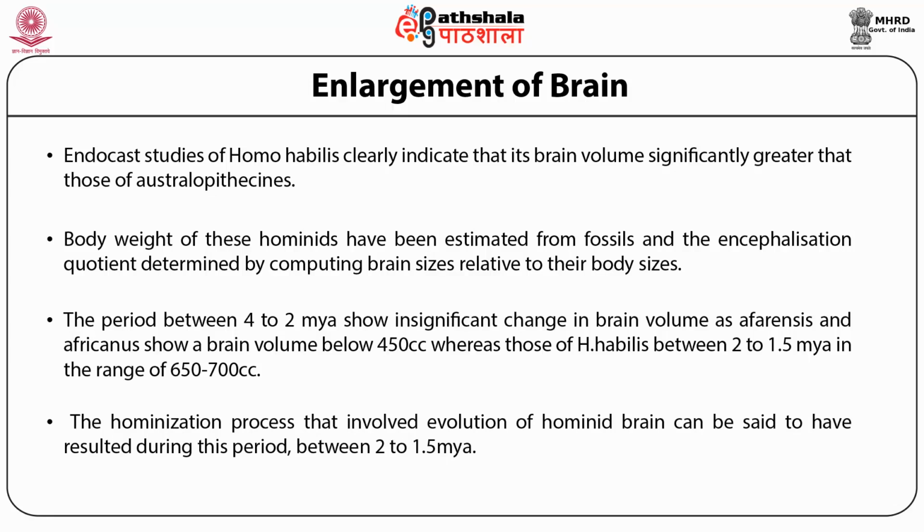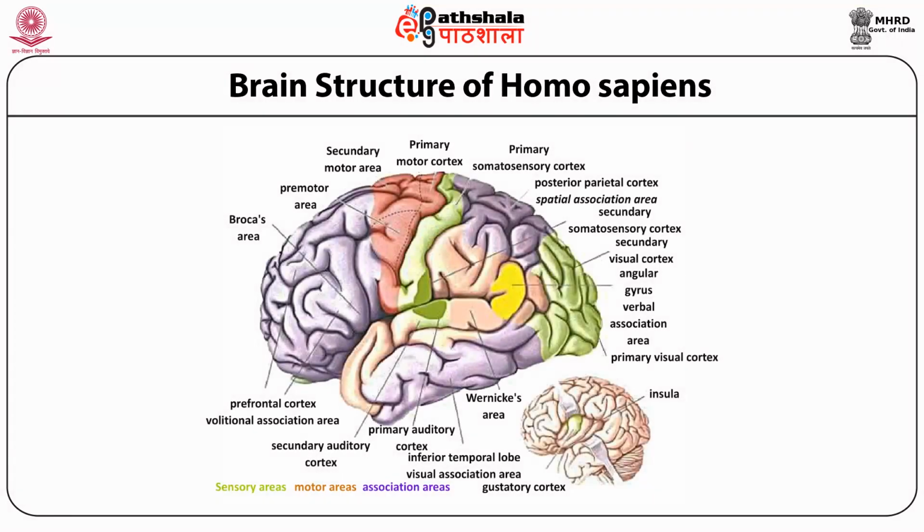We can see the evolutionary process of encephalization in the earlier figure also, and the different parts of the brain which perform different roles. We can see this information in the next figure. This figure explains the brain structure of Homo sapiens.